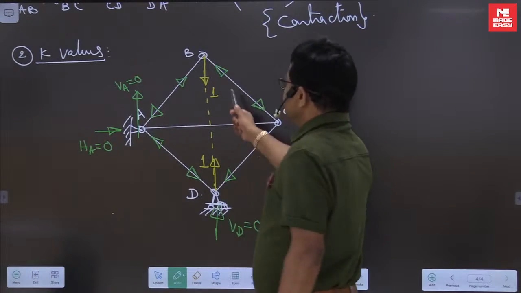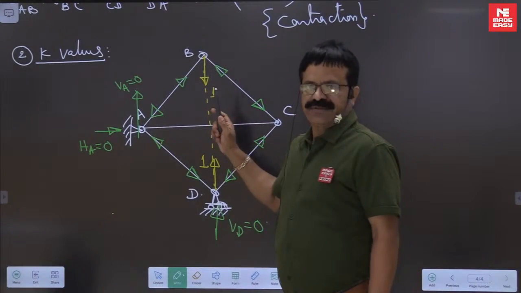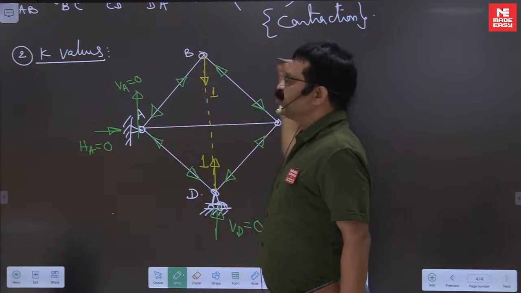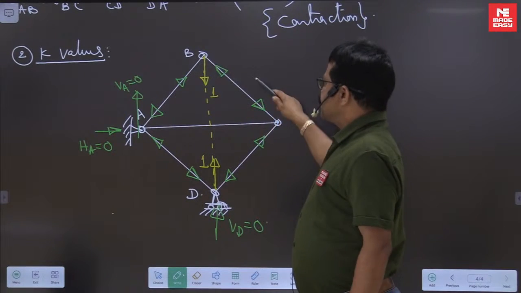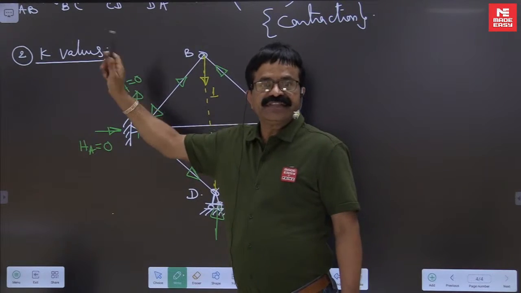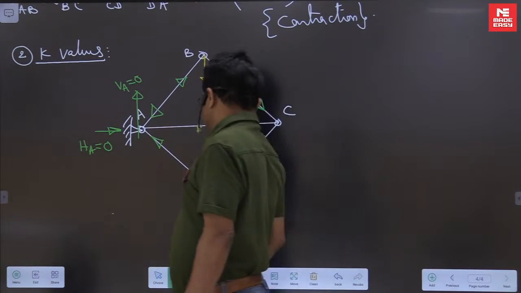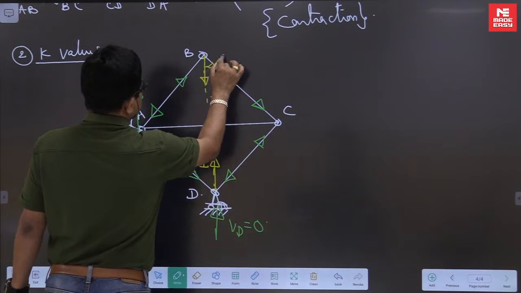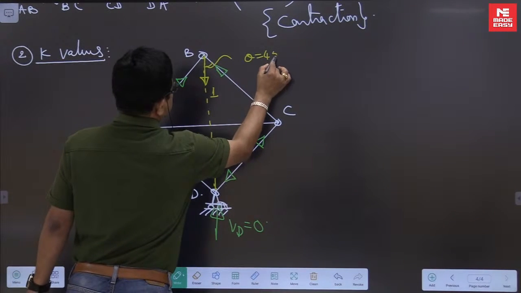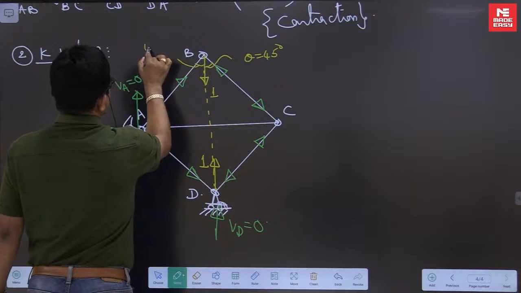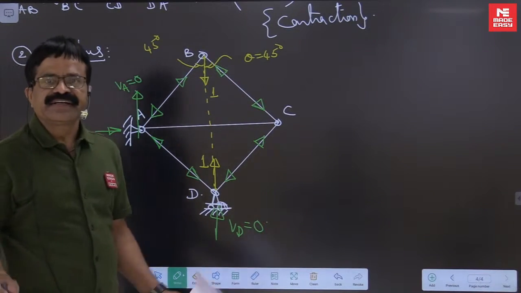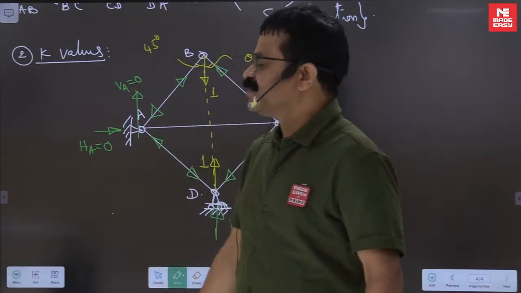Next, taking sigma x equal to 0, AB has an x component to the right and BC has an x component to the left. They have to be equal because theta is the same. This angle is 45 degrees and this also 45 degrees. Since the angles are the same, the forces must be the same; otherwise sigma x 0 will not happen.